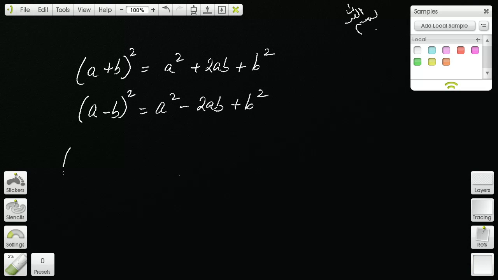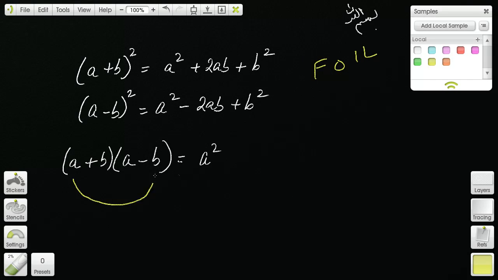And lastly, the third special case, this is really special. It's (a plus b) times (a minus b). Let's FOIL this one. First, a squared. Outer, that's minus ab.